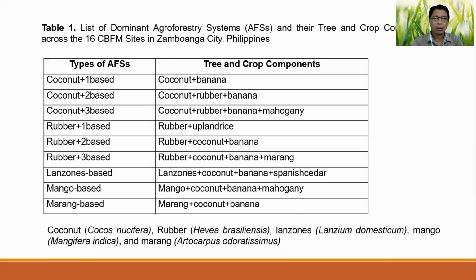And on these 16 CBFM sites, this table shows you the list of dominant agroforestry systems identified and their tree and crop components across the 16 CBFM sites. There were 9 agroforestry systems identified, with their tree and crop components also shown in this table.